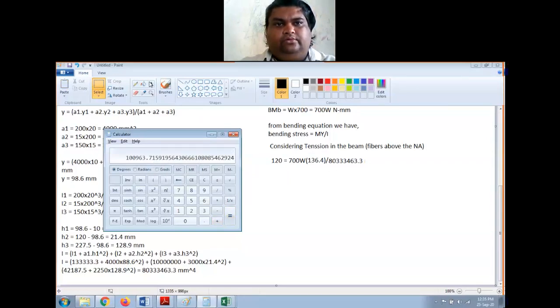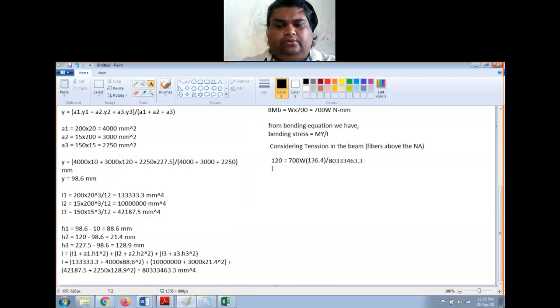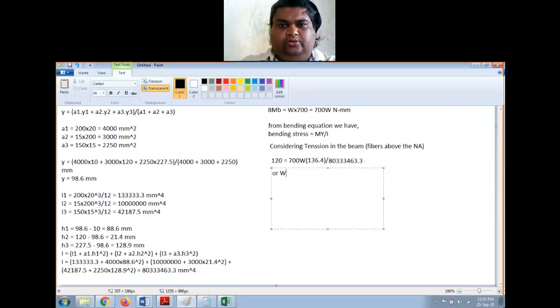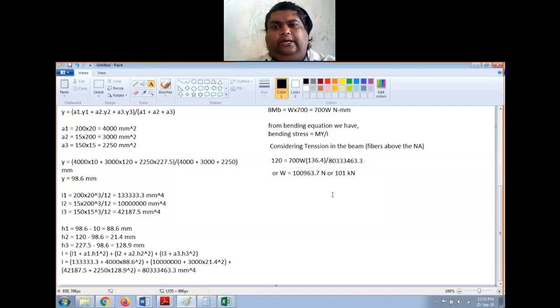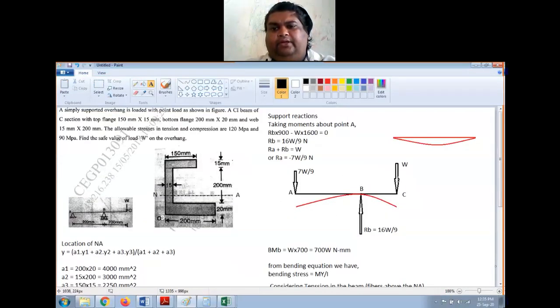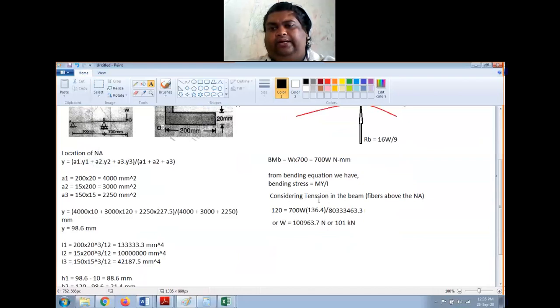So W is about 100.96 kilonewton, or I would say 101 kilonewton approximately. That is the maximum load you can apply on this beam for the beam not to fail in tension.